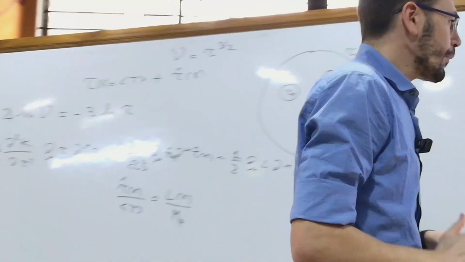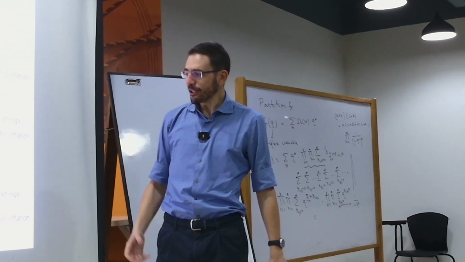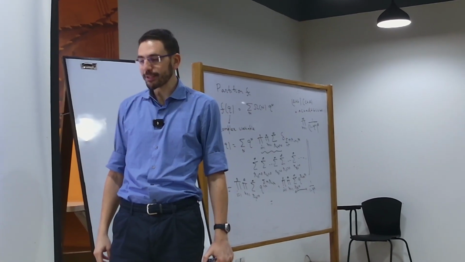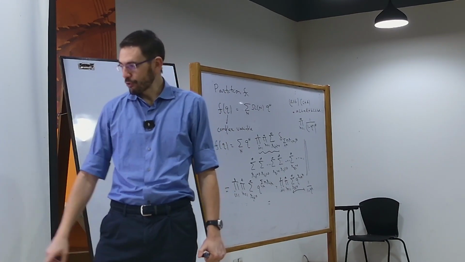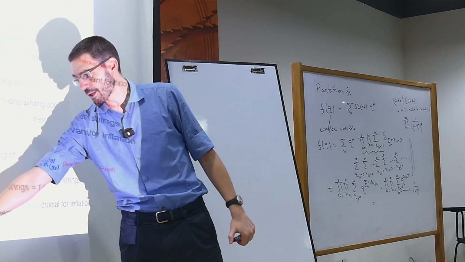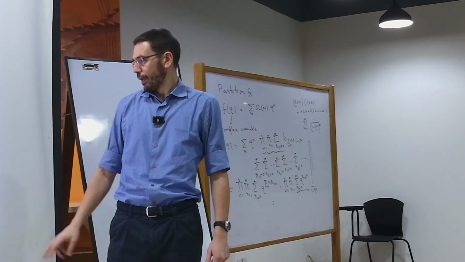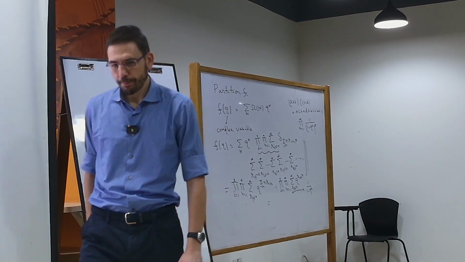Then we get this kind of correction, and this is the correction that is relevant for inflation. It goes like a loop coefficient divided by volume cubed, and then square root of tau, phi being the inflaton. So that's crucial for inflation.